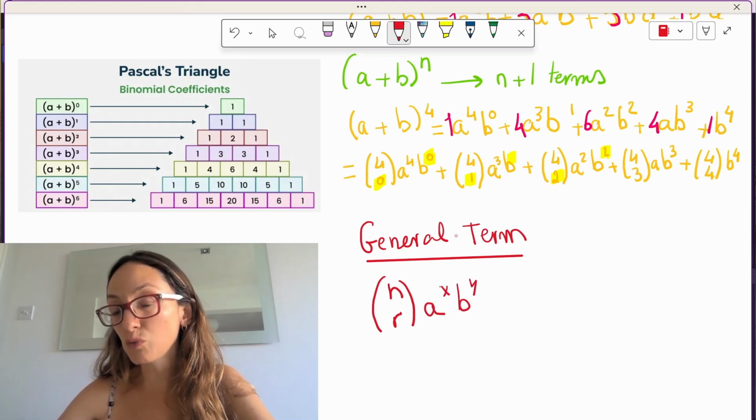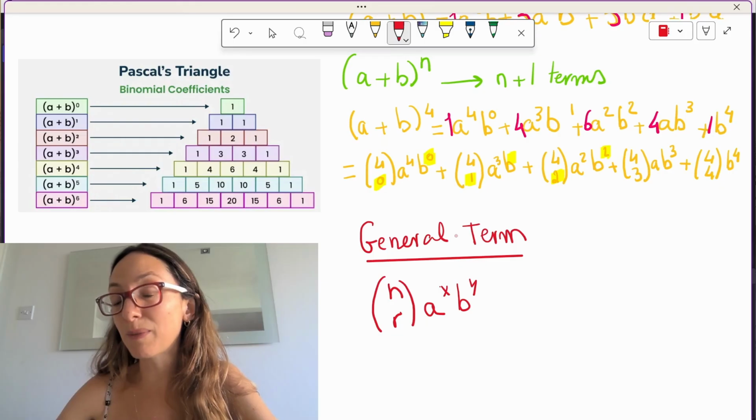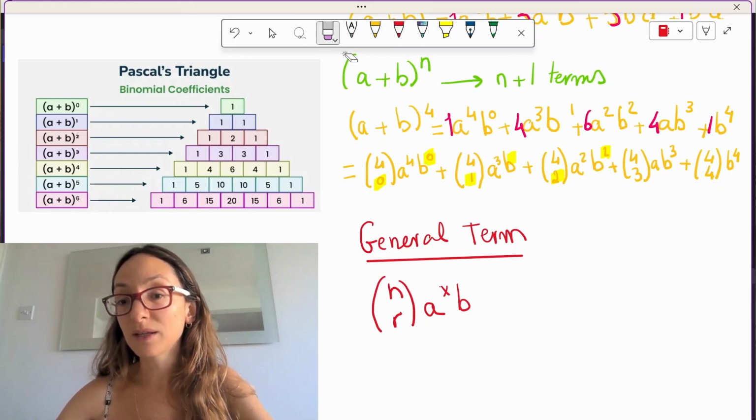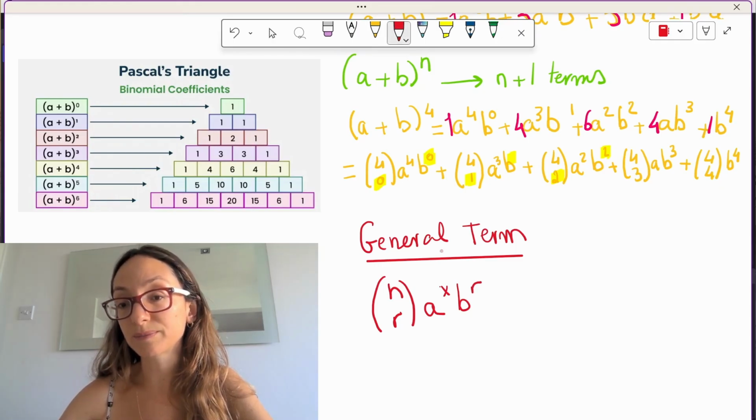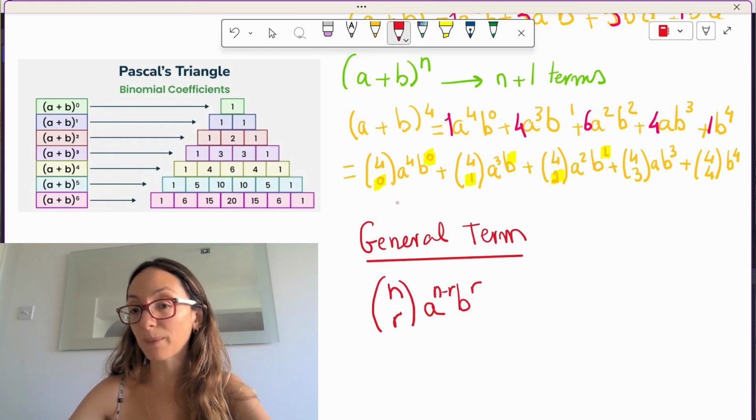Now I've put x and y, but actually we can represent the powers of a and b in terms of n and r. As we said, the power of b is always equal to r. The power of a has to be whatever is left of n, such that when we add the two powers, we get n back. So that is just n minus r.